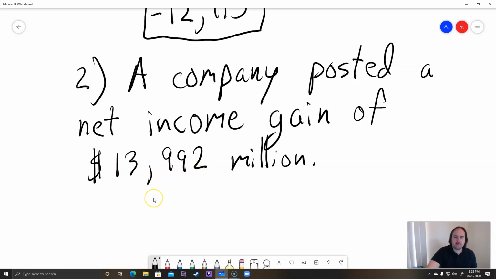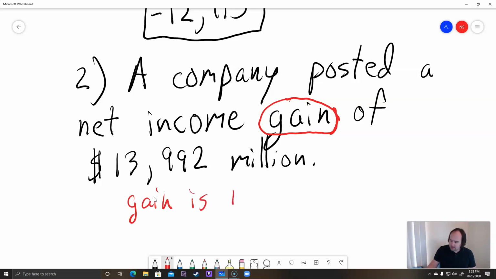How do you decide that? You just read what they wrote. Here, a gain is positive, whereas a loss is negative.